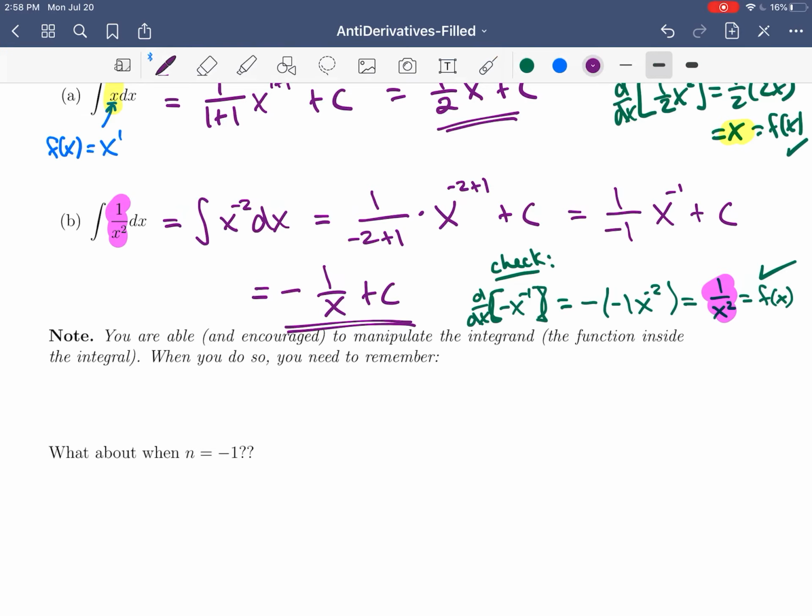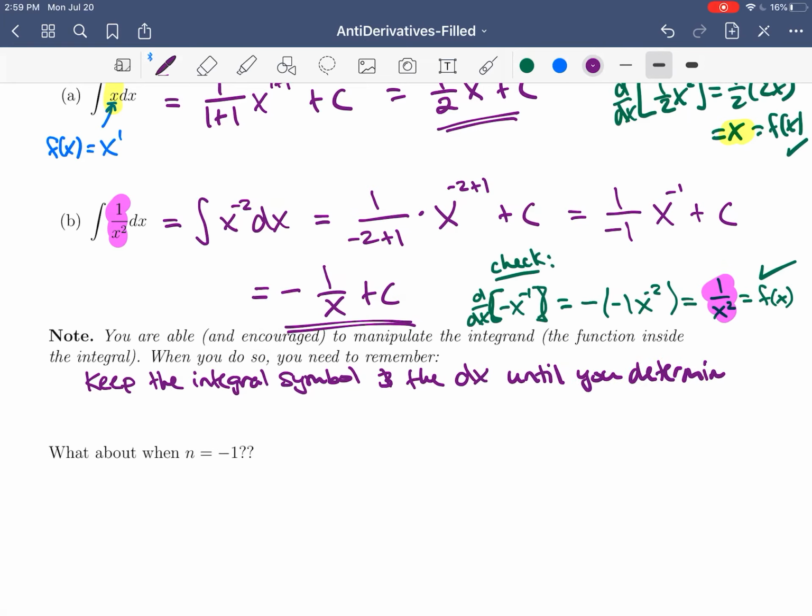But what you want to remember is you have to keep the integral symbol and the dx, or whatever it is, until you actually determine the antiderivative.